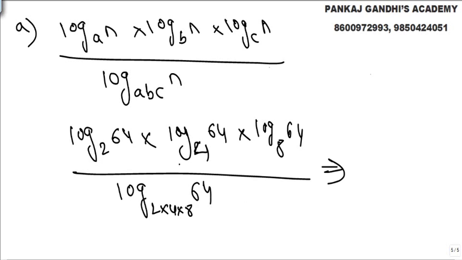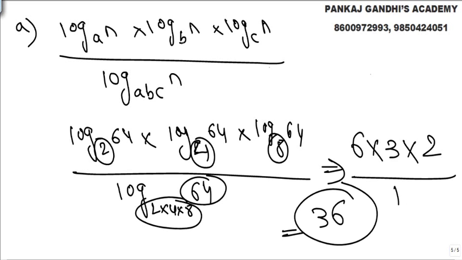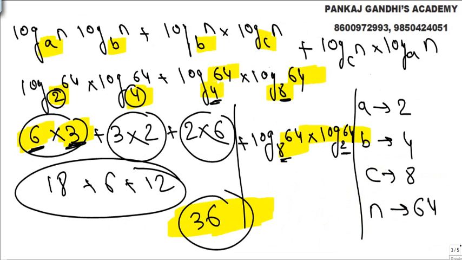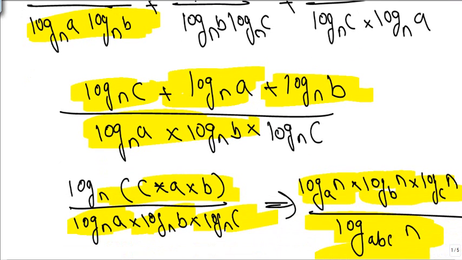Check it. 2 raised to 6 is 64, 4 cube 64, 8 square upon 64 raised to 1 is 64. Look, this method we use when we don't know how to solve. We know how to solve, so we could have used this and we have got the answer we wanted. The answer had already come.